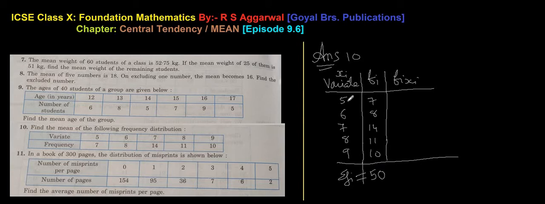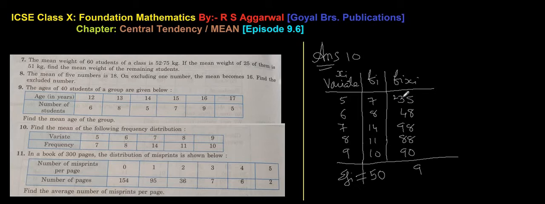Here fi xi, 7 5s are 35. 8 6s are 48. 14 7s are 98. Here 88 and here 90. Now 8 8s are 64.